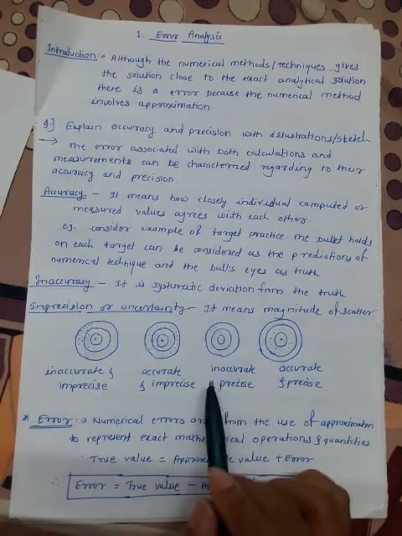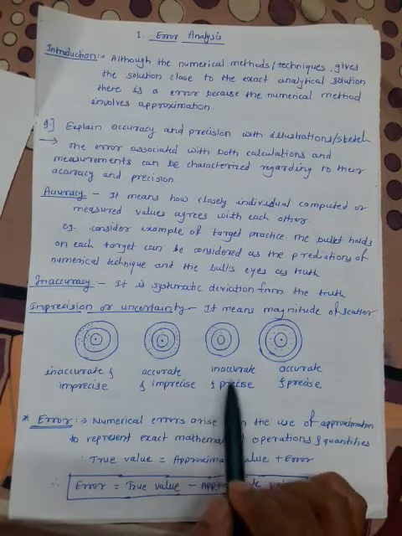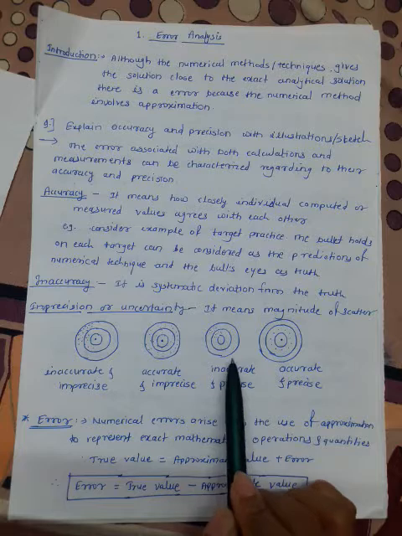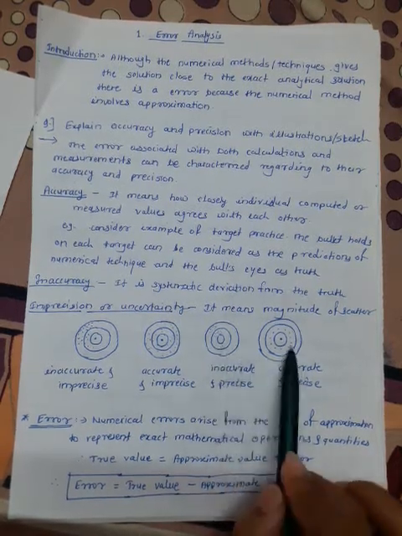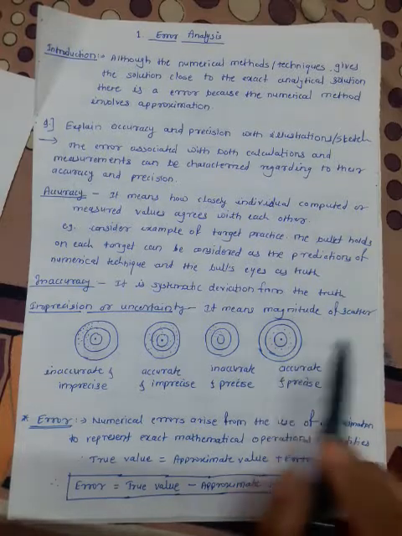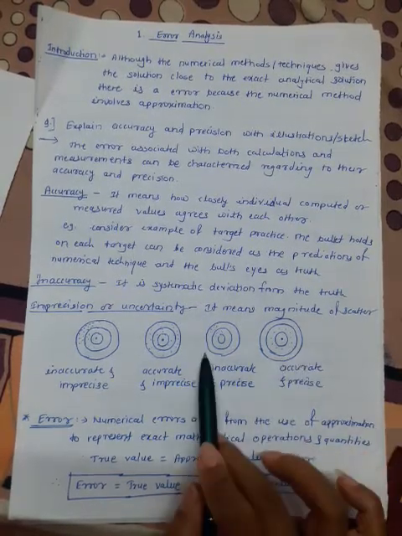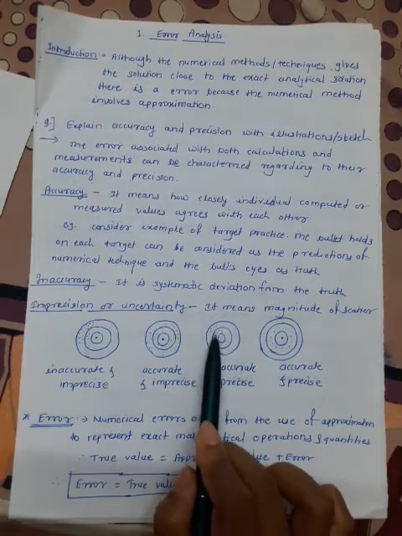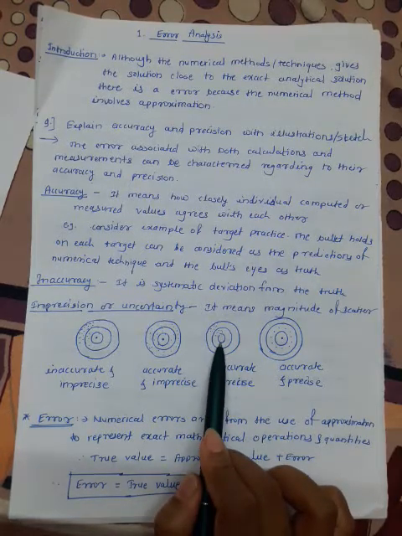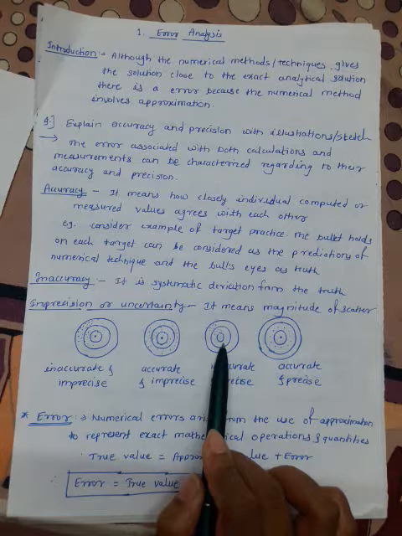And preciseness and impreciseness: in these two examples, points are less scattered. All points are very close to our bullseye.